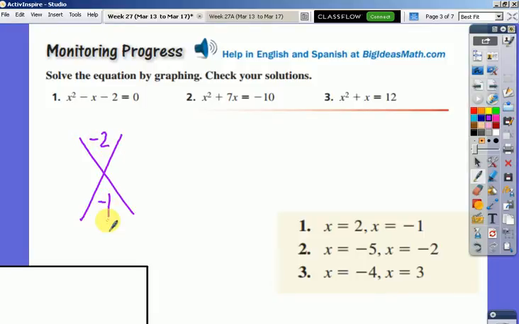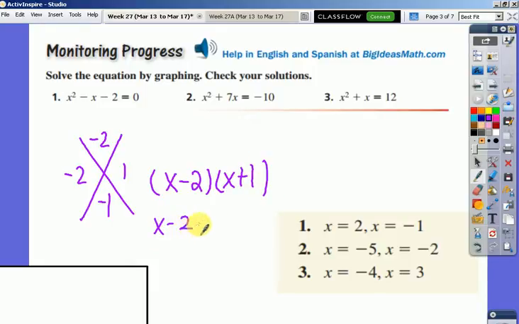So it multiplies to be negative 2 and adds to negative 2 and positive 1. So your factors are x minus 2, x plus 1. When you set x minus 2 equal to 0. I knew I did something wrong. That's probably what you did too, right? You just mixed up the signs. So that equals where you add to instead. Anything else? All right.